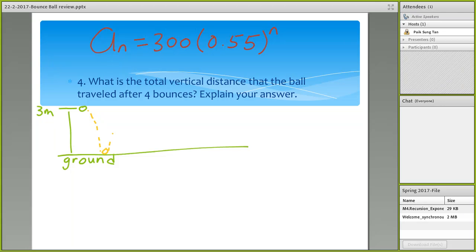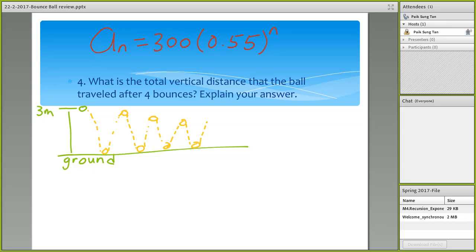So when you drop the ball here, the ball falls, and then it bounces up, right? It doesn't bounce as high as before, but it does bounce up. And then it comes back down again, and then comes back up slightly lower. Go back down, come back up.